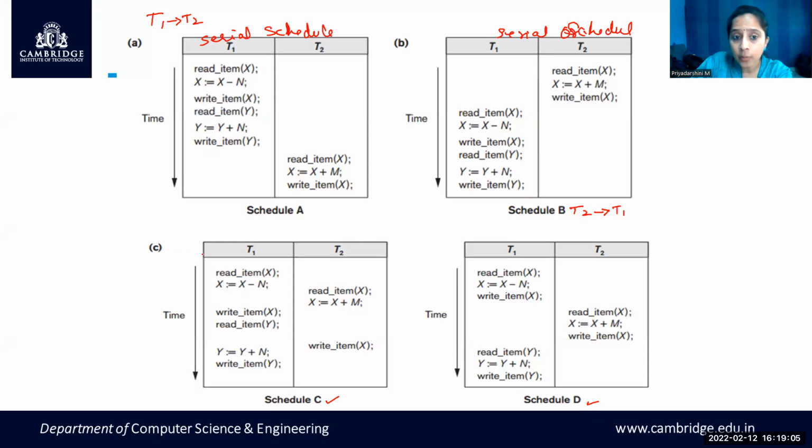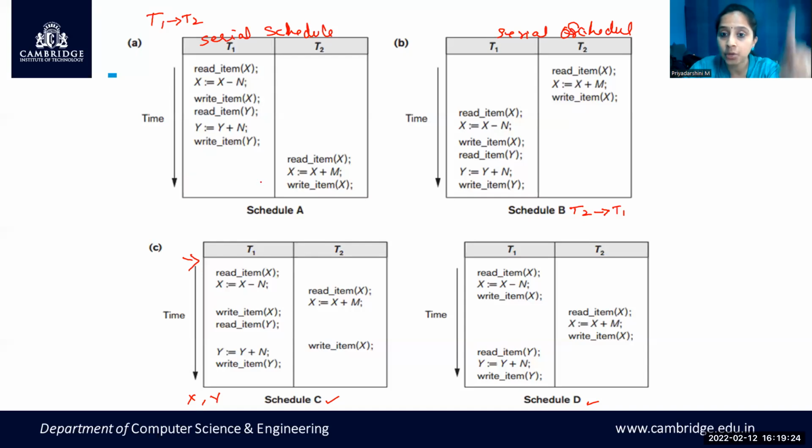So when do I call a schedule a serializable schedule? When the output of these operations, the final output of X and Y, should be equivalent to a serial order. How many serial orders will it have?